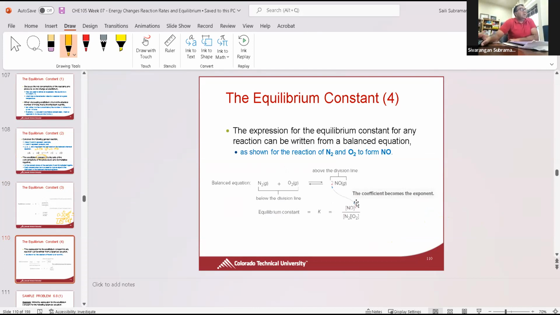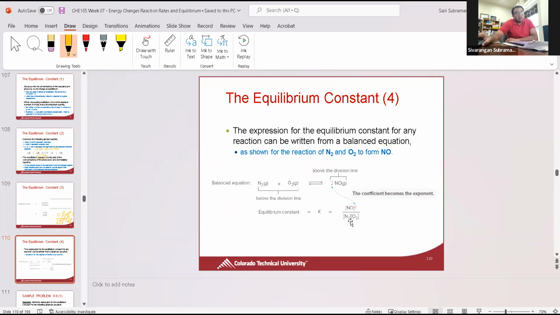Okay, so let's look at an example. So nitrogen gas reacts with oxygen. The forward and reverse reaction gives you 2 moles of NO. So the equilibrium constant K for this is nothing but the concentration of NO raised to the power 2, because of this coefficient 2, or the number of moles of nitrogen oxide.